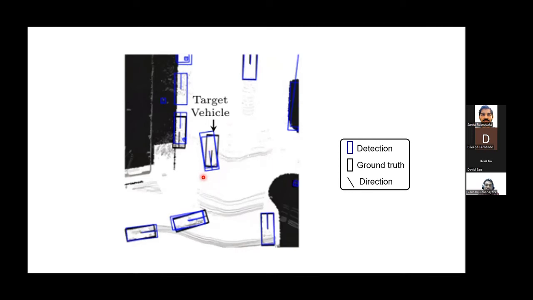For instance, the target vehicle is moving down because this little bar is directed towards the bottom. As expected, there's always a little difference between the detection and ground truth. That's why they are not perfectly overlapped in most cases.